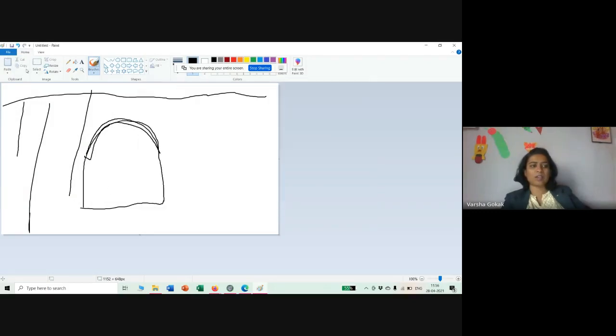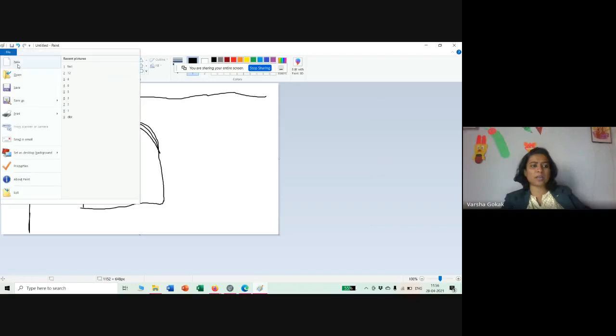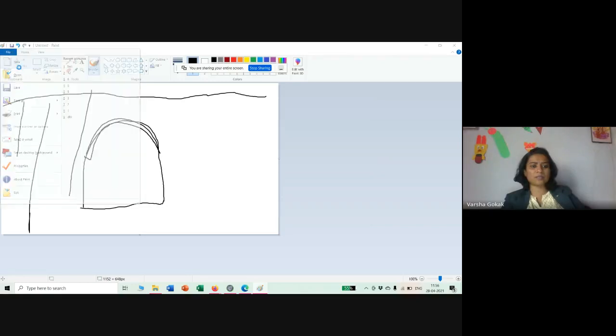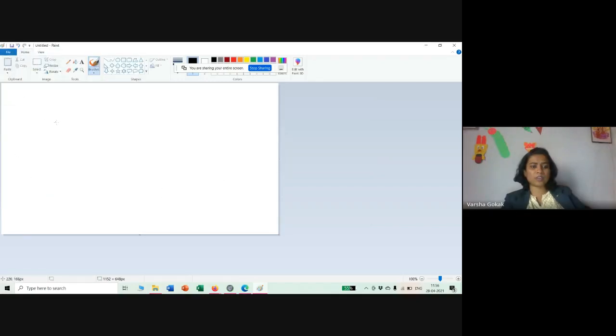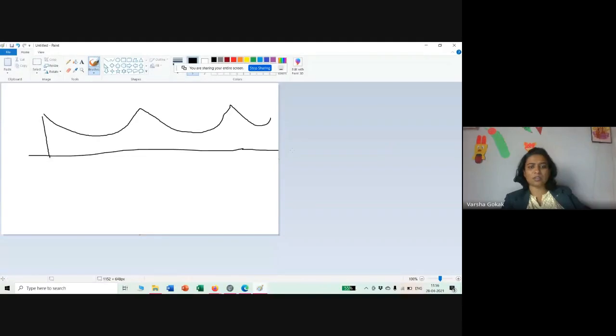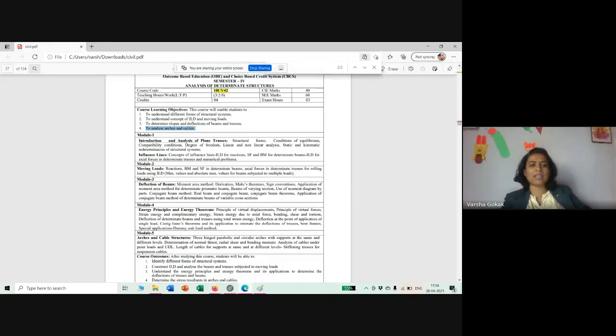What are cable stayed bridges? You will have cables attached like this on the bridges, or I'll show you images rather. I will show you some images for this, no worries. So we will be analyzing the arches and cables also. Cable being in tension, a tensile force will be present in the cables. Okay. So these are the course objectives.